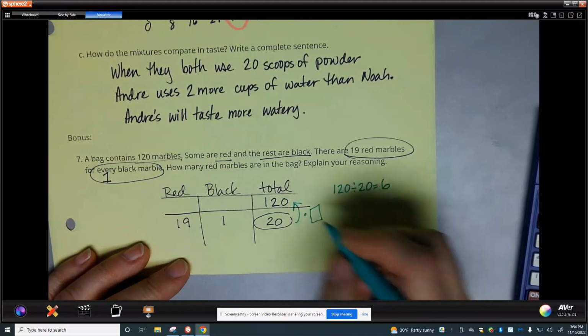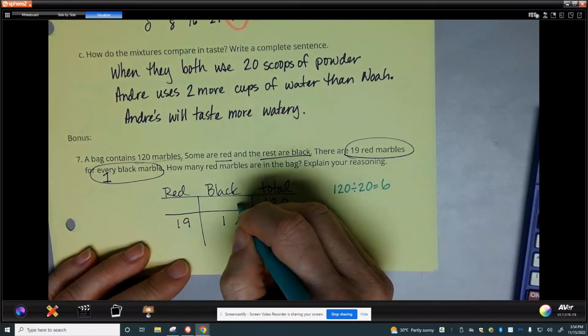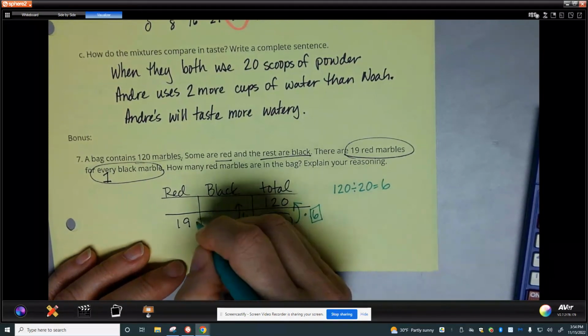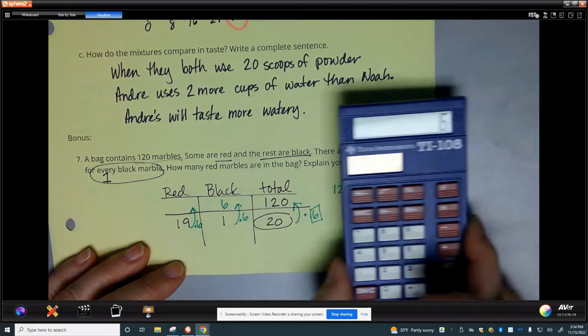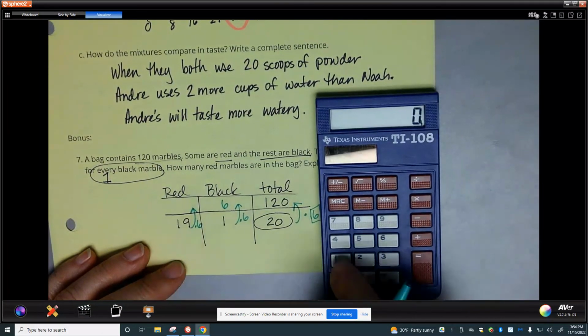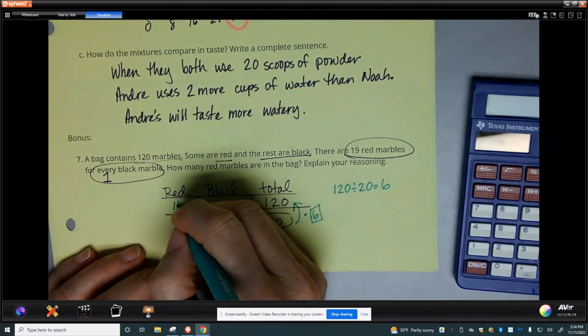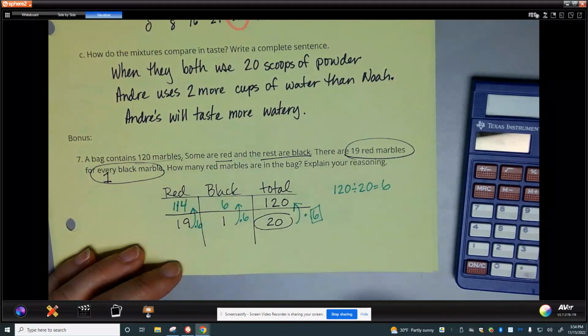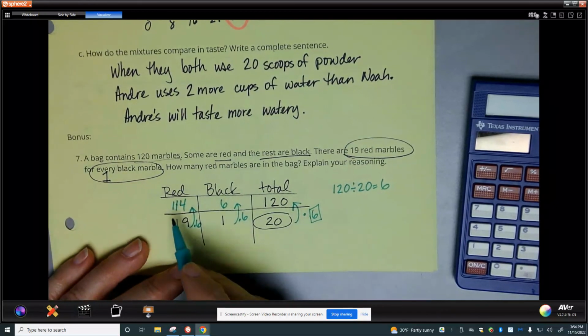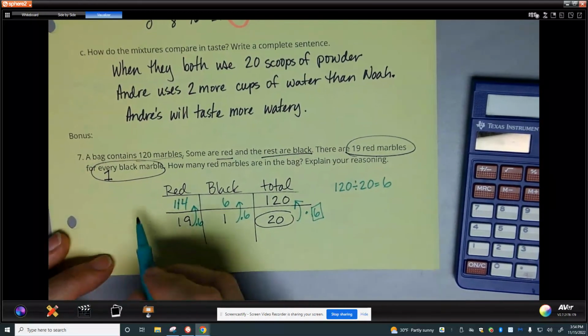So that mystery factor is 6, which means every other part of the ratio I'm going to multiply by 6. That gives me 6 black. And then I will do 19 times 6 to get the red. 114. Then just to double check my work, I need a total of 120.